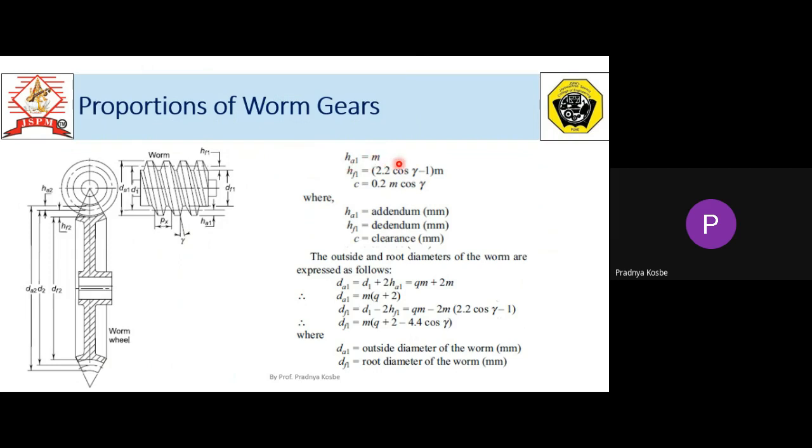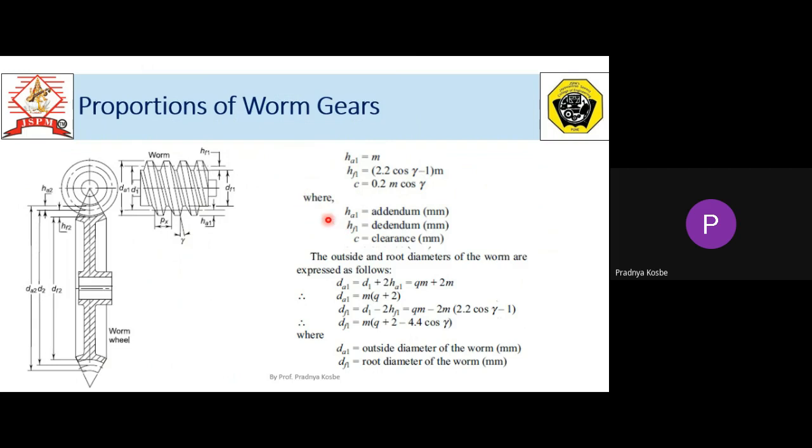So HA1 is equal to M. Now HF1, the dedendum height, is given by the proportion 2.2 cos gamma minus 1 into M. Then the clearance is given, C is equal to 0.2 M cos gamma.